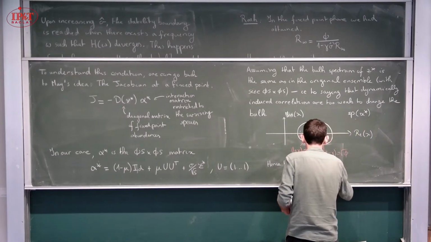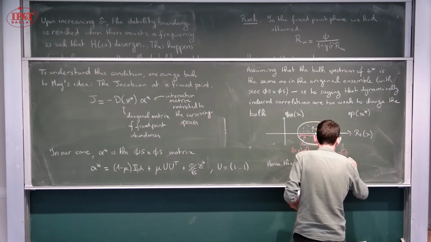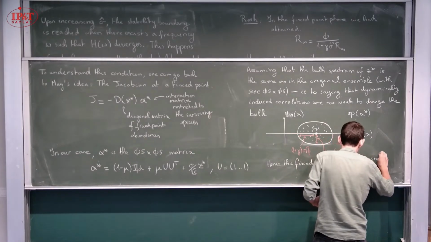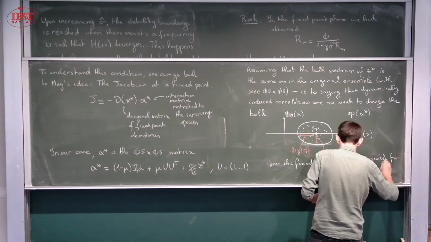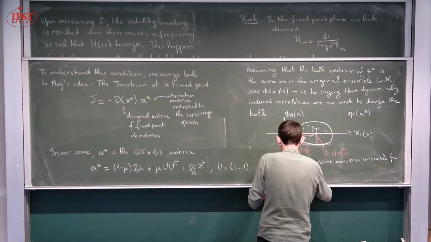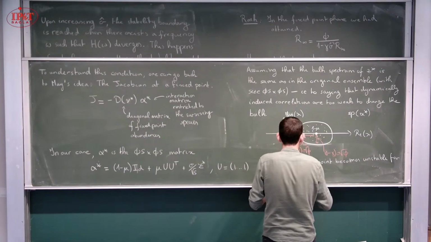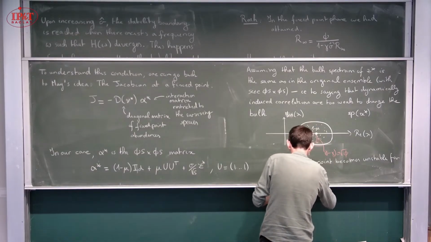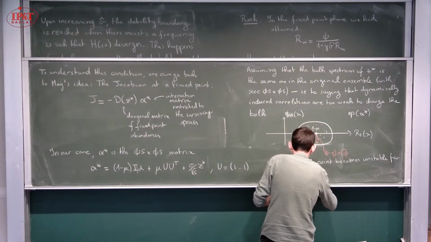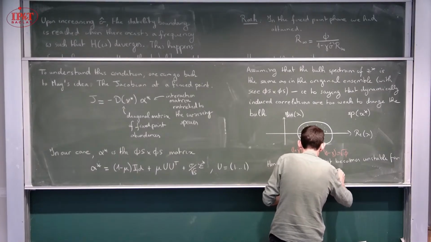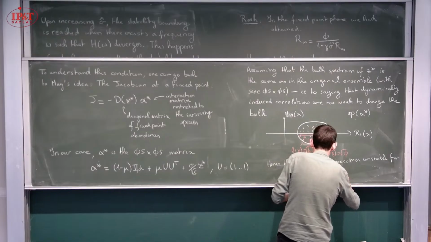Hence, the fixed point becomes unstable when (1 plus gamma) squared times sigma over (1 minus mu) squared times phi is larger than 1.